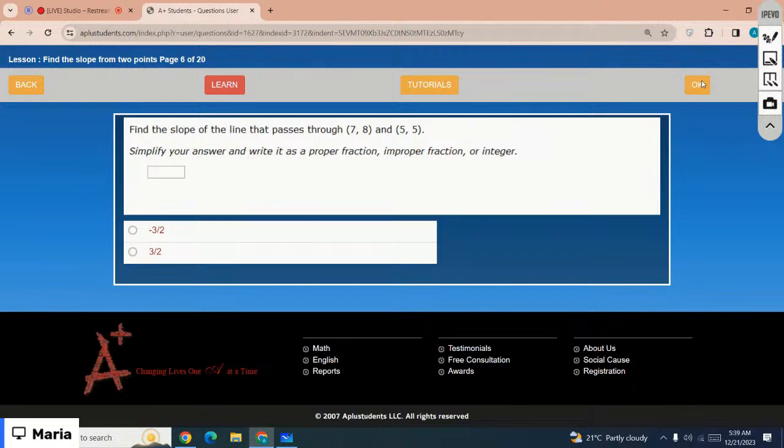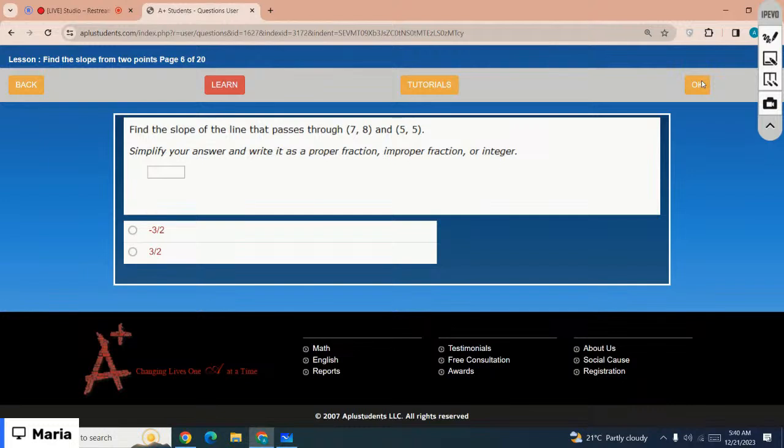Find the slope of the line that passes through 7, 8 and 5, 5.